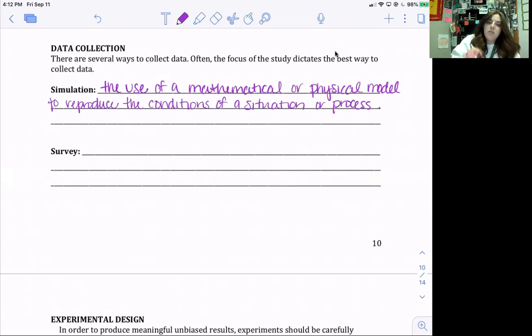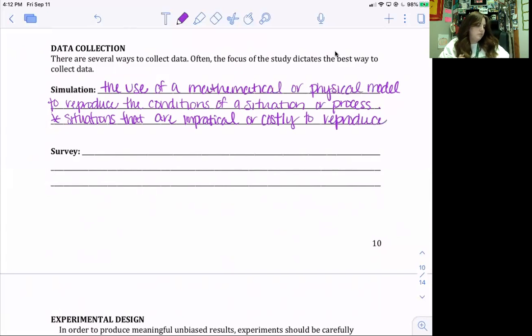Okay. Simulations are used primarily when we have situations that are impractical or costly to reproduce. It can also even be dangerous to reproduce as well.